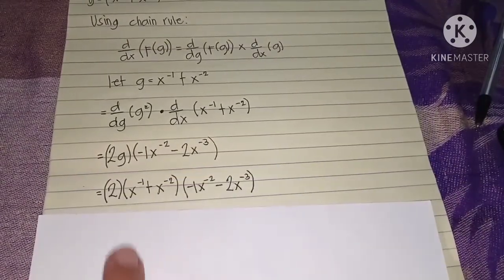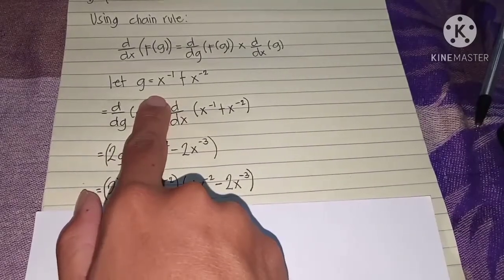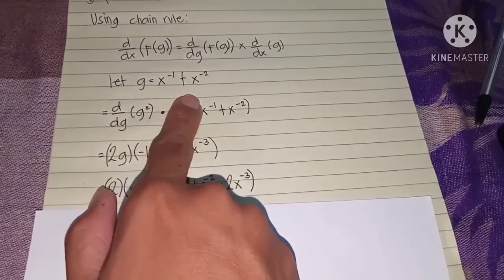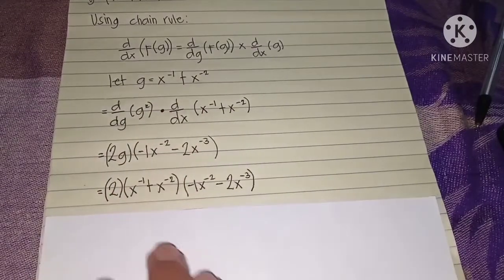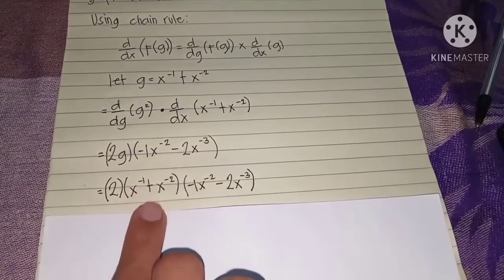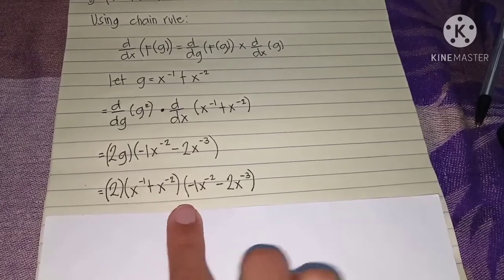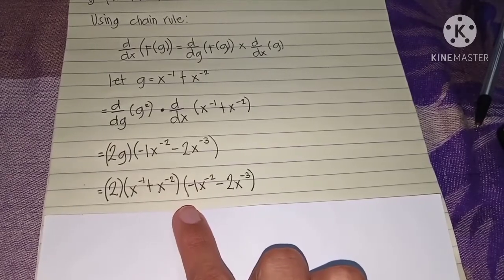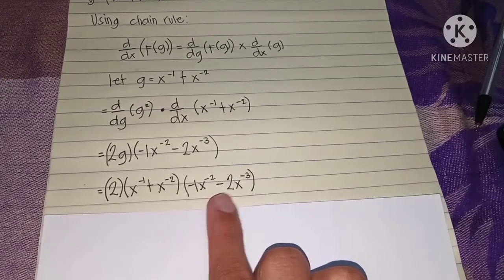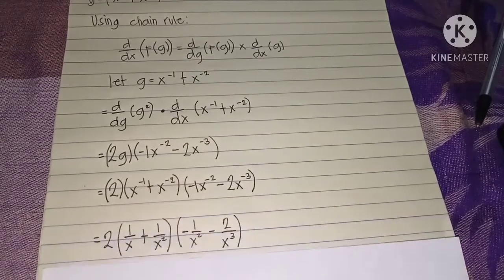Now let us substitute g, which is x raised to the power of negative 1 plus x raised to the power of negative 2. Here it is: 2 times x raised to the power of negative 1 plus x raised to the power of negative 2, times negative 1x raised to the power of negative 2 minus 2x raised to the power of negative 3.